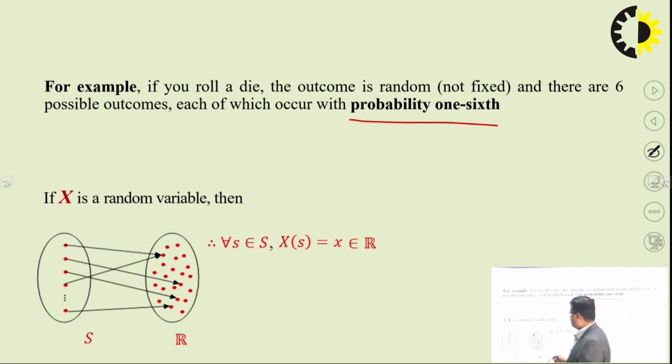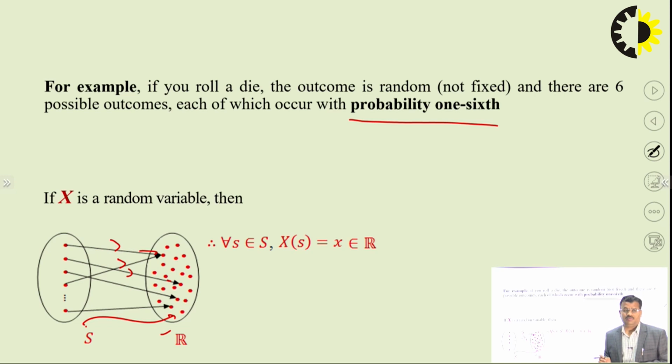So these outcomes, if these map into some real number, okay. So this sample space or possibilities we are mapping into the real number. So this is our random variable. If X is a random variable, we can represent these possibilities, these outcomes, into the real number.